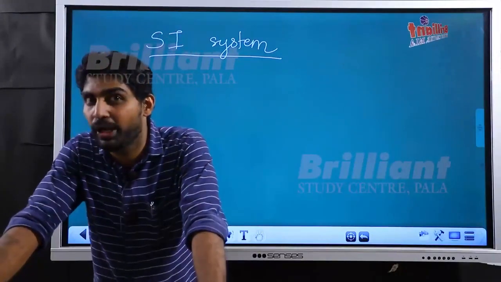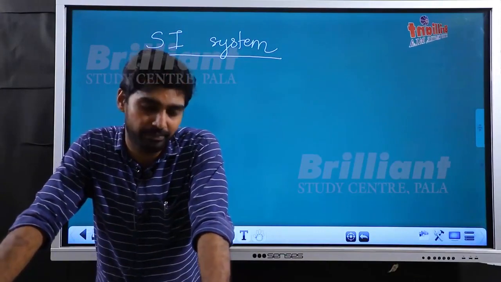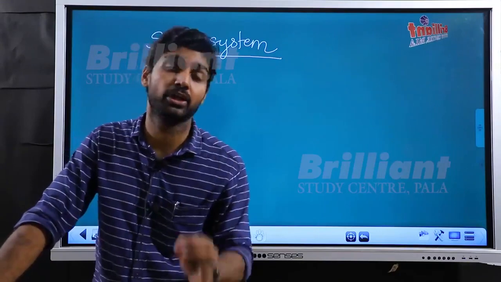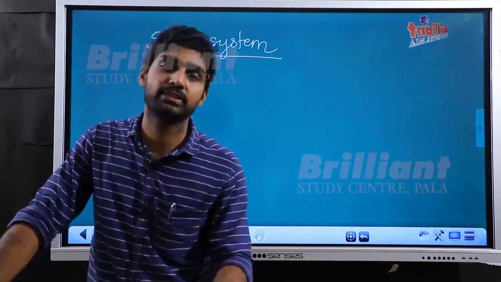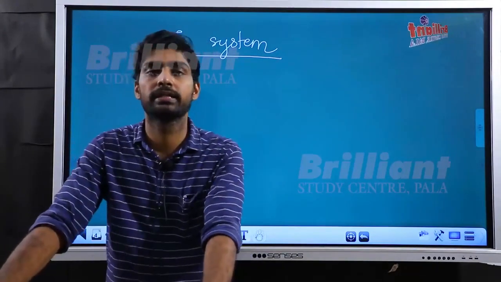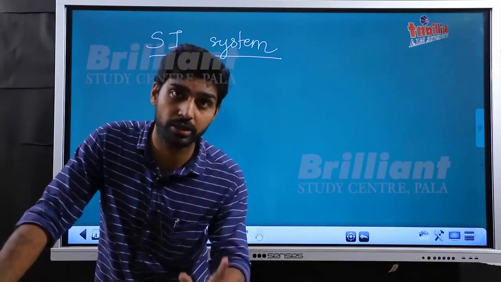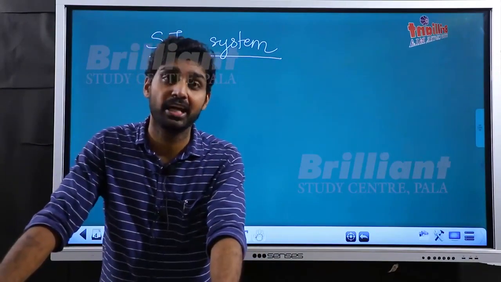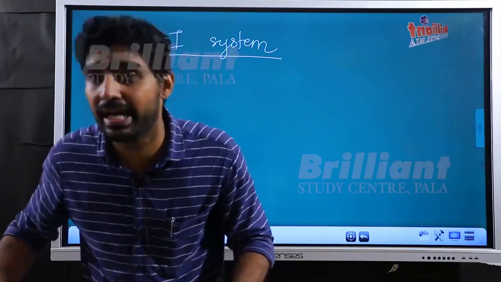That is why we chose the unit of length as meter, not centimeters, not kilometers, because meter is what the SI system says. Then we have the unit of mass as kilogram, not gram, not ton, not quintal. It is because according to the SI system, the fundamental unit of mass is kilogram.